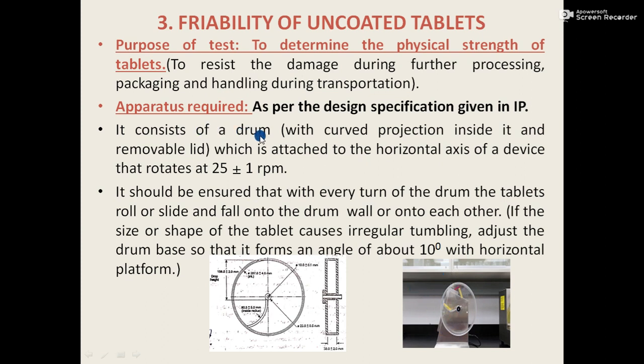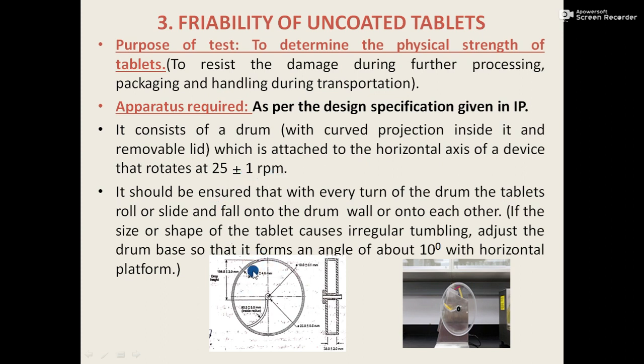It consists of a drum with a curved projection inside it and a removable lid, which is attached to the horizontal axis of a device that rotates at 25 plus minus 1 rotation per minute.